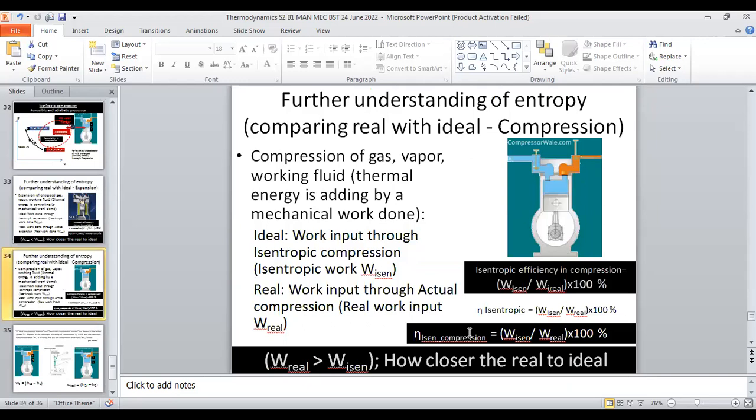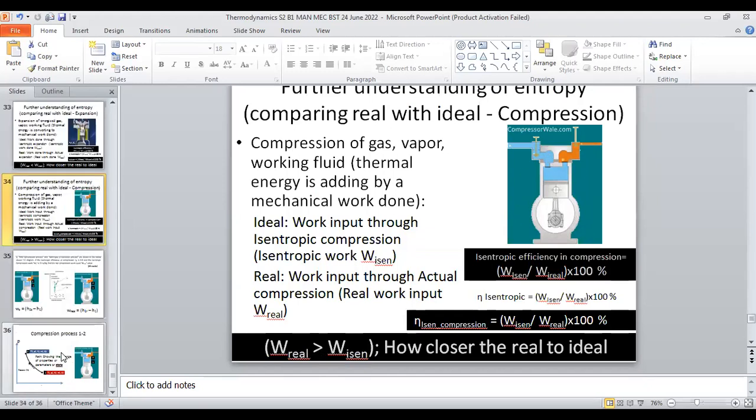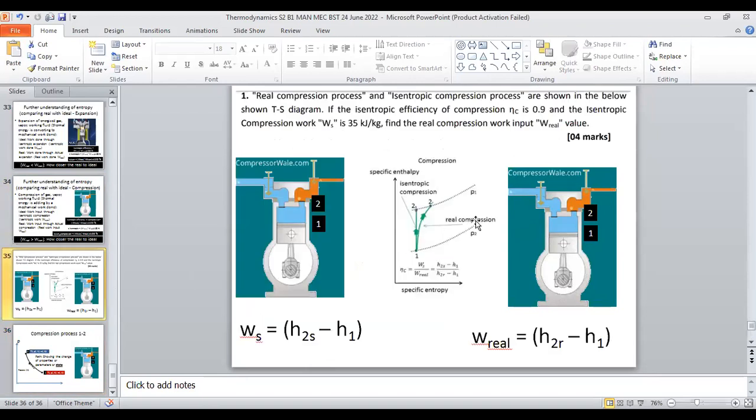See, the W real, okay? The S2 is greater than S1 also. I did mention that because entropy is rising, if not unchanged. So your case is here, H2S minus H1, W real is H2R minus H1.